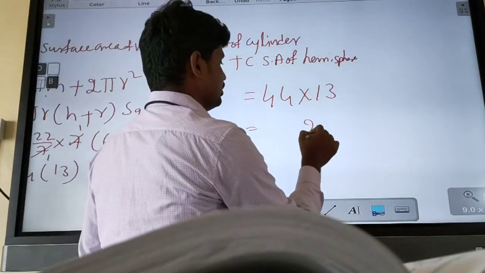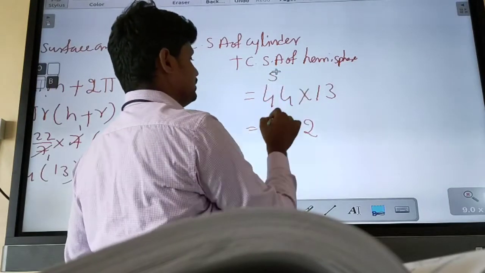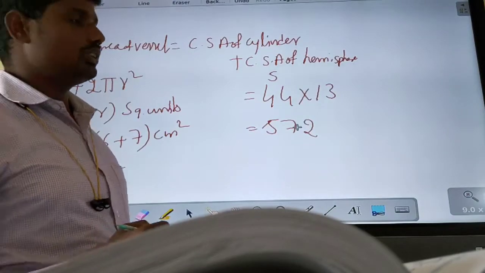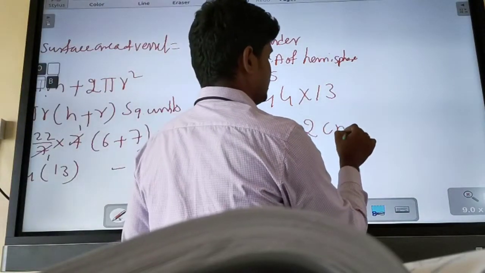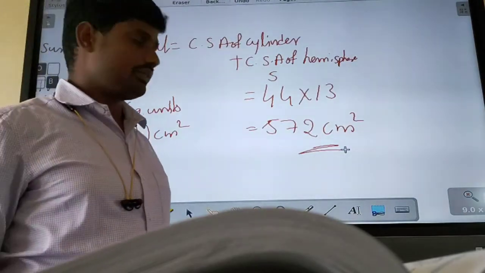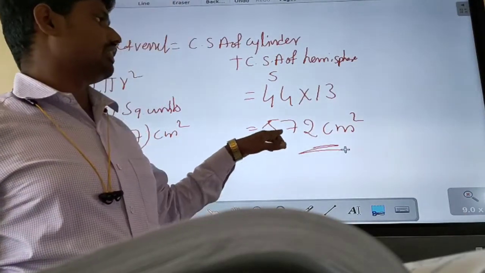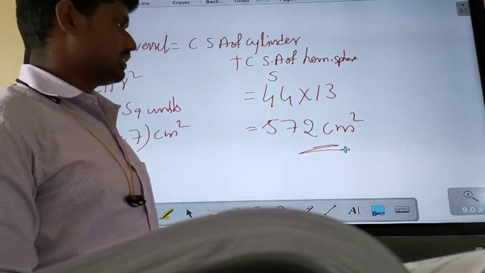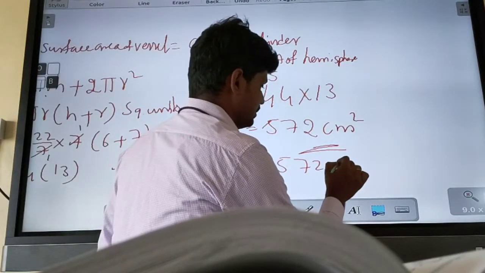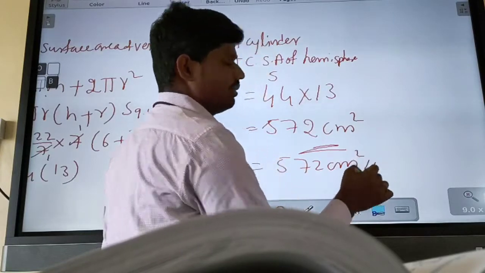So 572 centimeter square. The inner surface area of the given figure is 572 centimeter square. This is the final answer. Any doubt regarding this one?